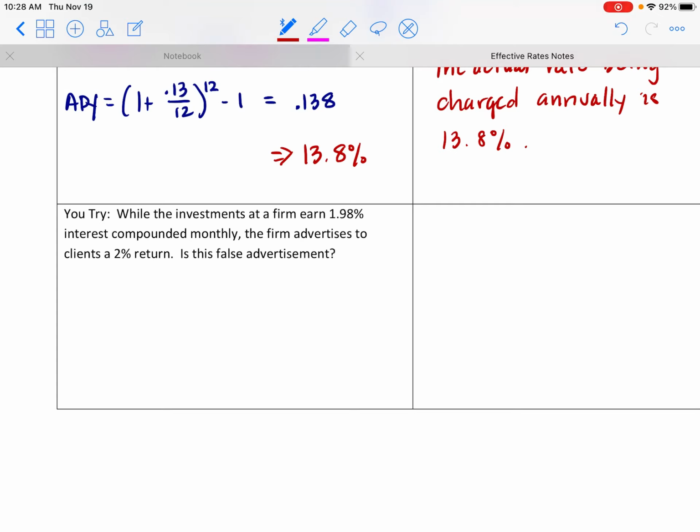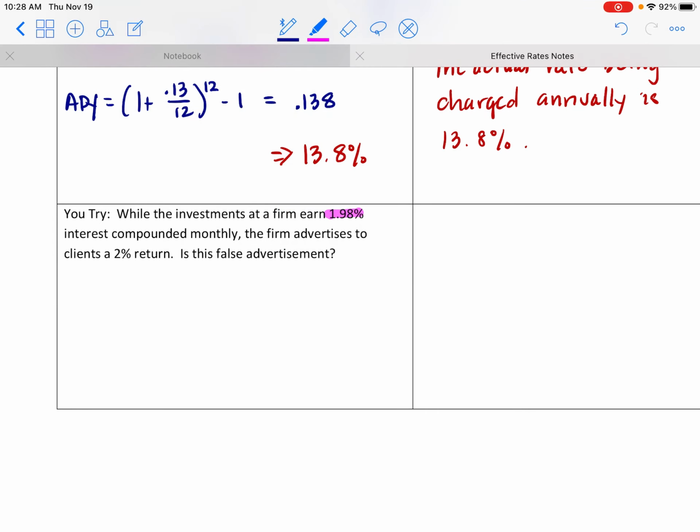Are they lying? Is this false advertisement? So we have to calculate the effective rate for 1.98% compounded monthly and see if that is in fact a 2% return. So we actually have to determine if they're telling the truth.